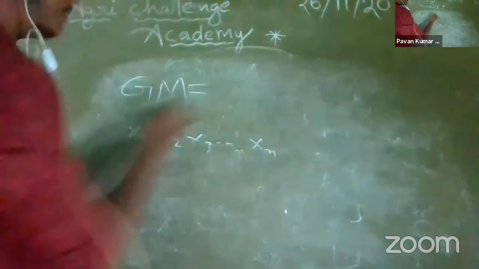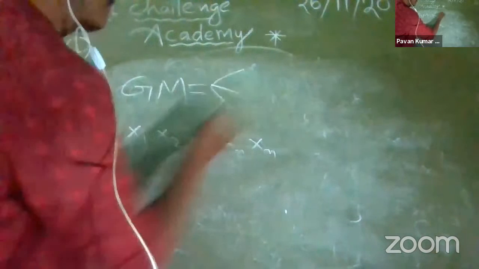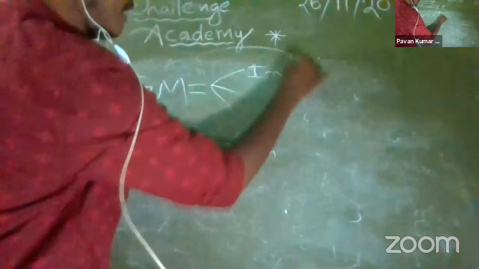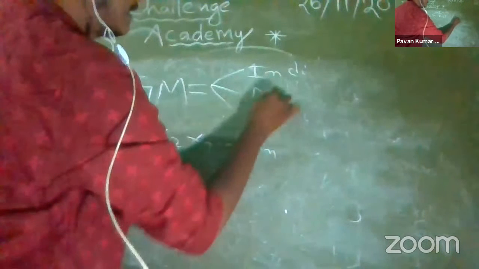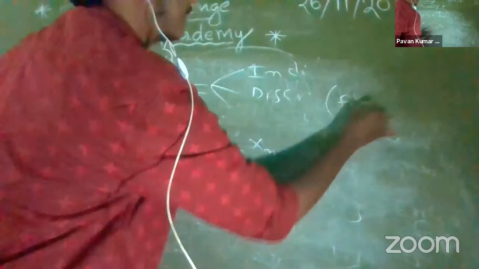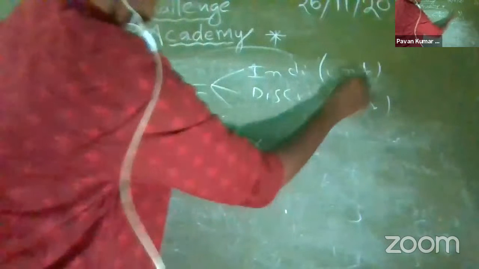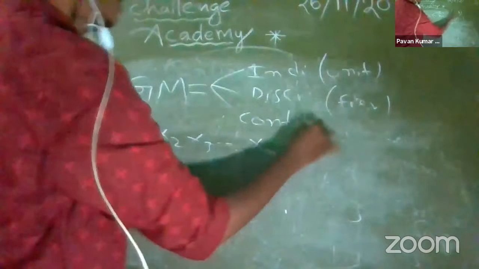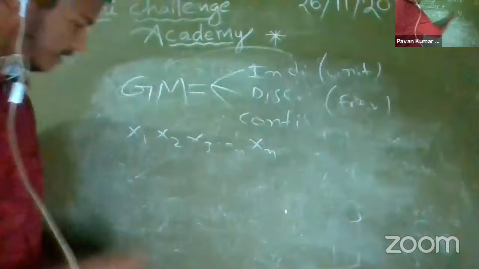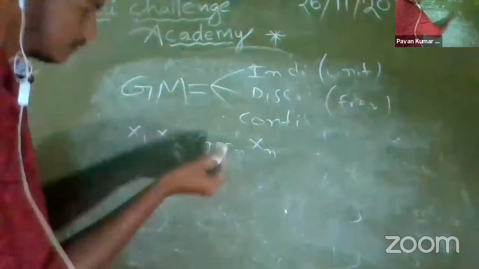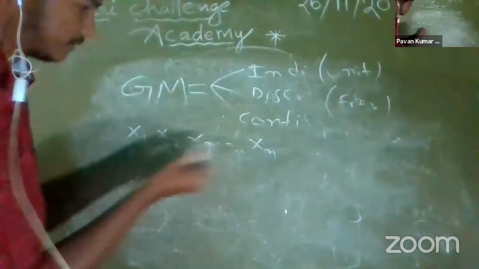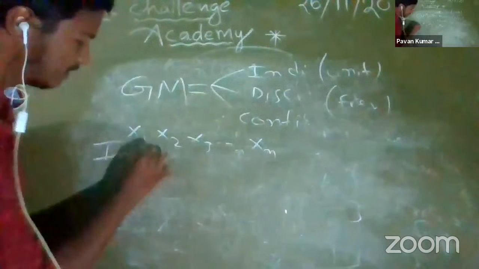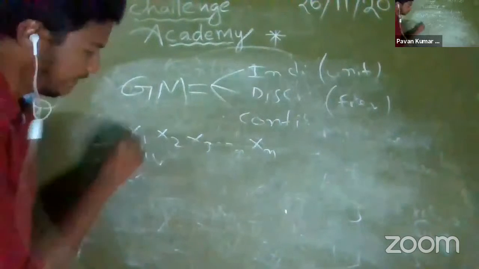Geometric mean we can also find for 3 types of data: individual, discrete which has an extra frequency, and continuous. Suppose this is individual, meaning each observation has frequency 1.